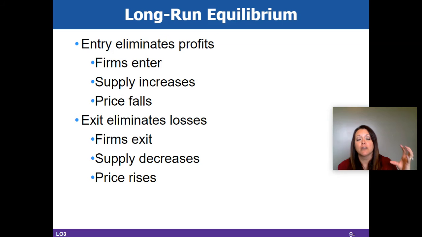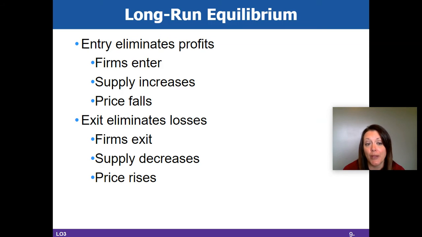So in the long run, generally firms will produce at what's called a zero profit. So firms enter, the supply increases, the price will fall as a result, and you'll be back to your original price. Exits eliminate losses. If you have a whole bunch of people in a market and they're not making money, some people are going to have to shut down.